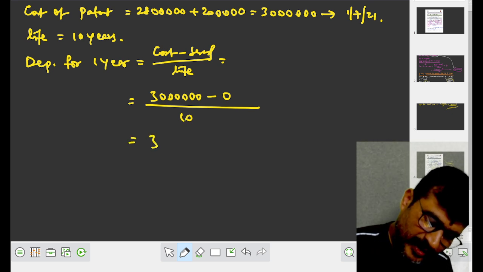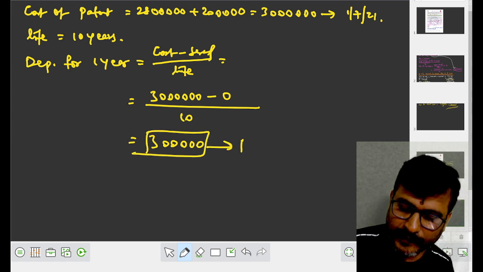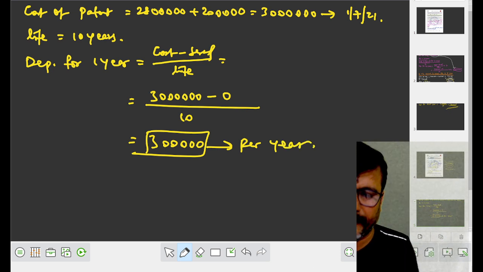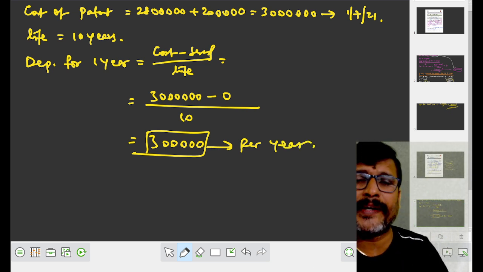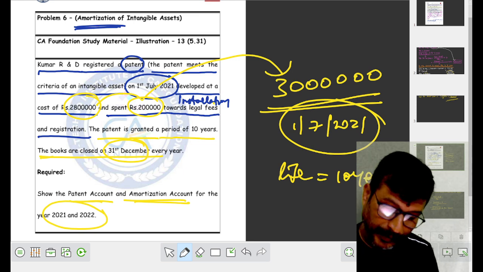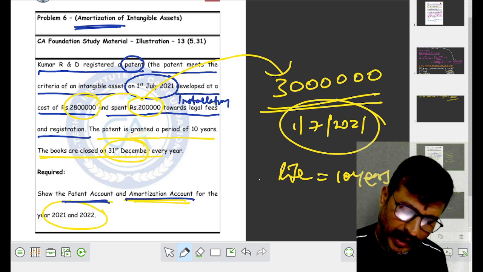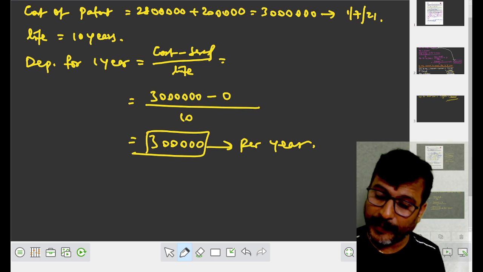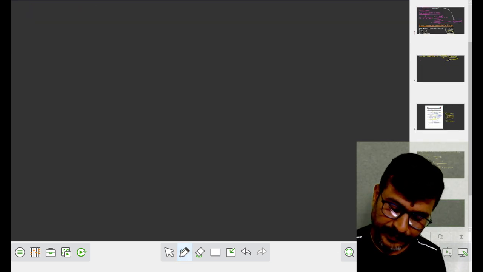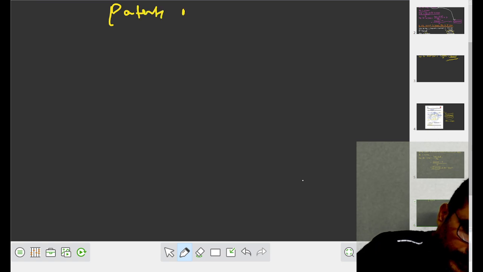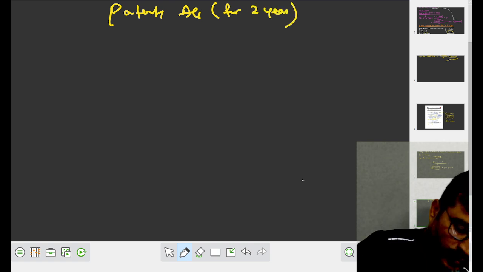The depreciation comes to how much? 3 lakhs per year. Fine. What do we have to do, my dear students? We have to prepare the patent account and amortization account. Shall we prepare the patent account? Fine. For how many years? For 2 years.